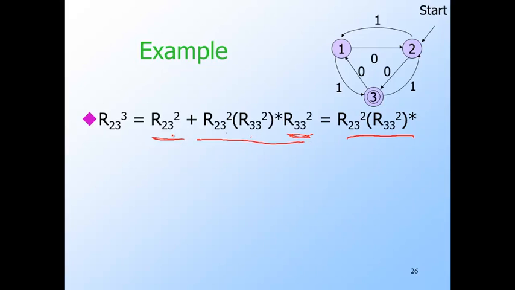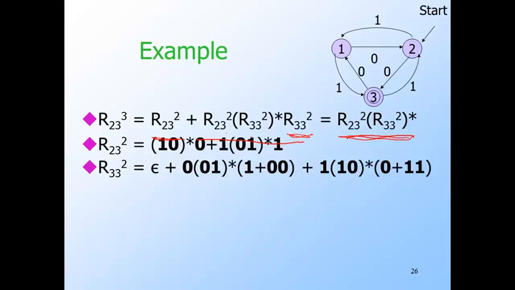So together you have R23 super 2 concatenated with 0 or more E's. And that's what this expression is saying. Again, remember E is R33 super 2. Okay, so we figured out what R23 super 2 is. We did that earlier, so let's just use it here.